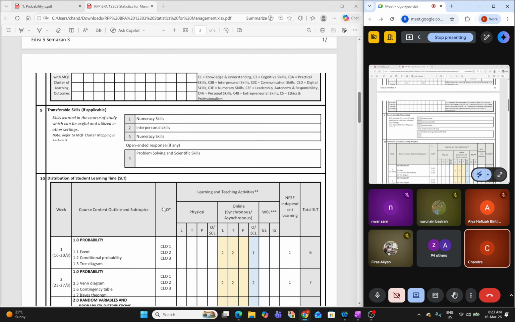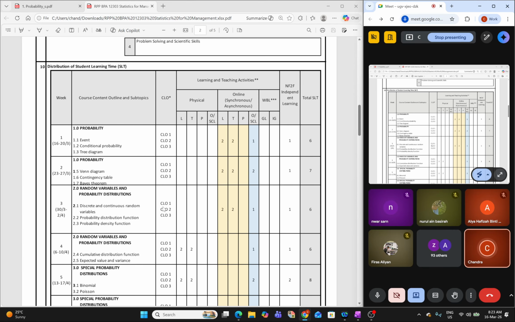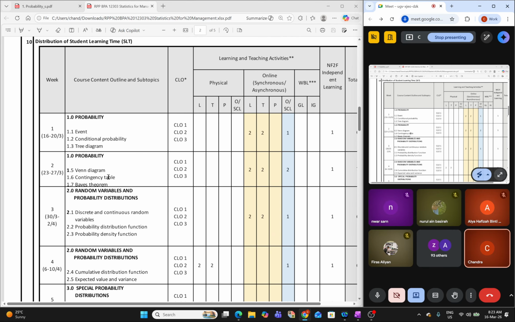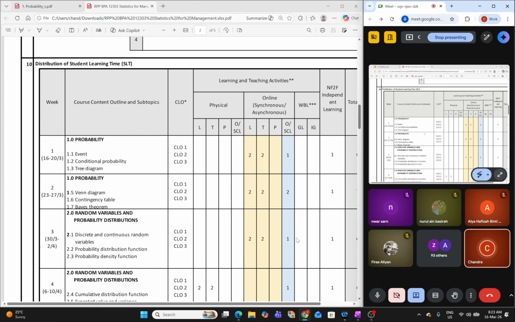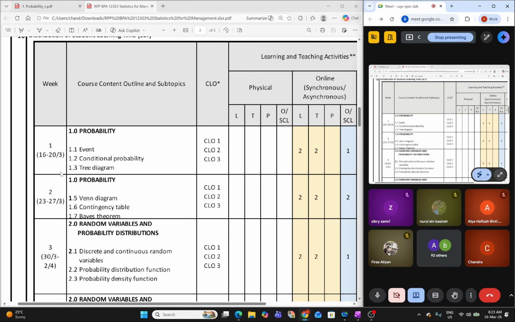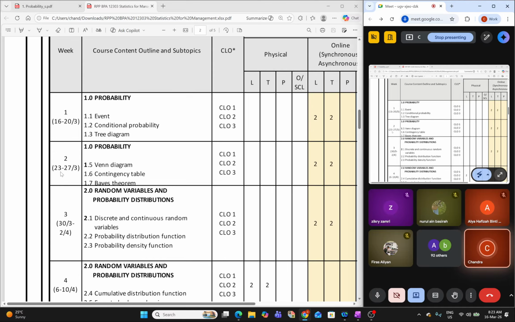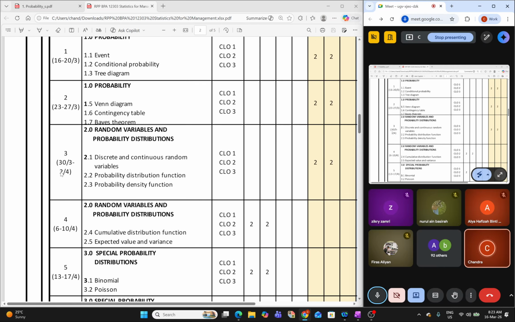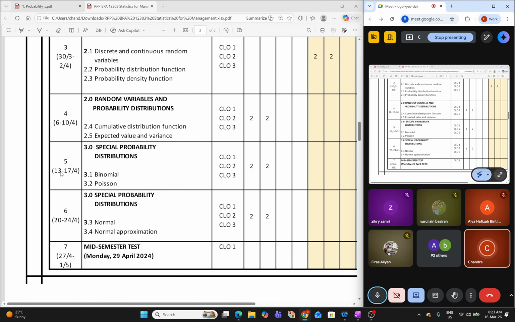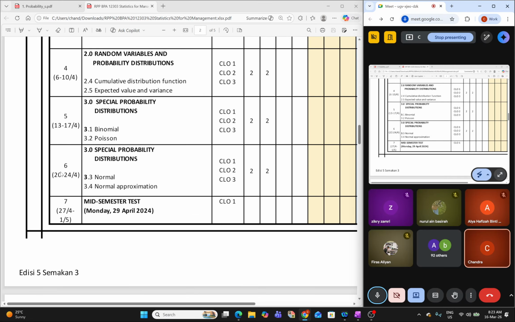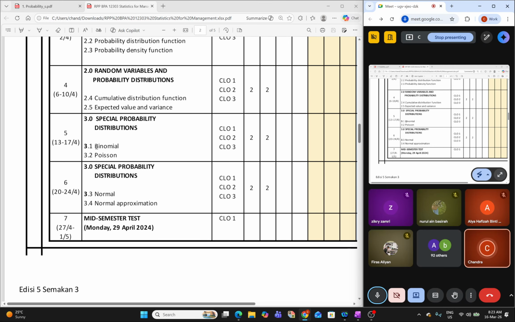First of all, today's class might be a shorter class. These are the chapters we will go through: probability, random variables, special probability distributions, binomial, Poisson, and normal.